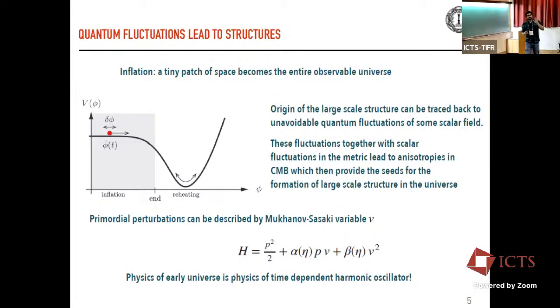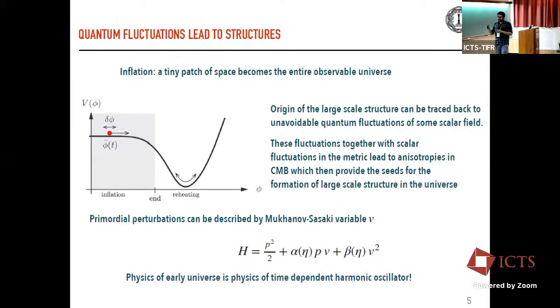These are fluctuations in the scalar field, and these fluctuations in the scalar field also induce fluctuations in space. Combined, the fluctuations in the scalar field and the fluctuations in space lead to anisotropies in the CMB. That is the current scenario for the production of anisotropies in the CMB. So what I mean is that these fluctuations are quantum fluctuations that originated during inflation.